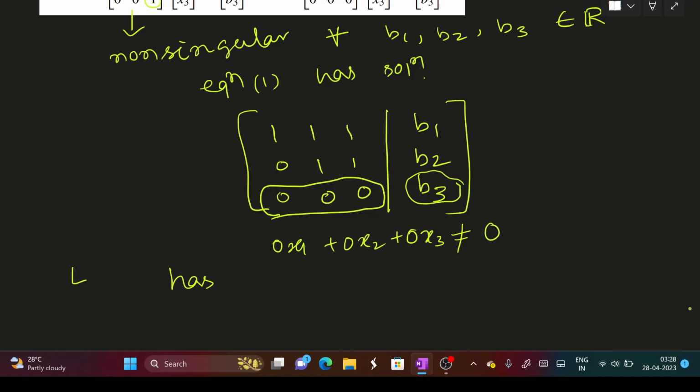System 2 or equation 2 has solution if and only if b3 is equal to 0. So this is the case.